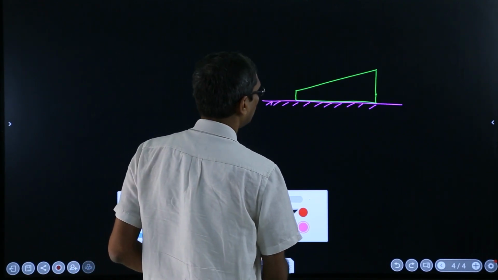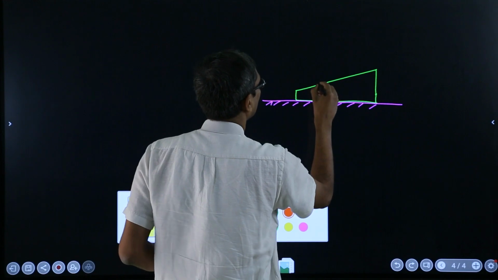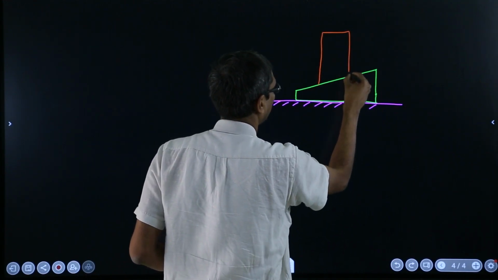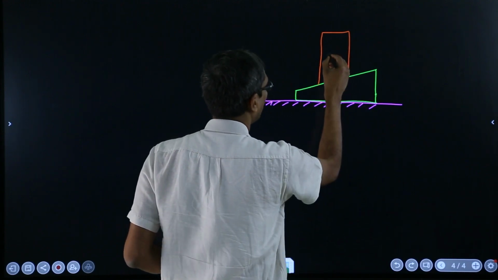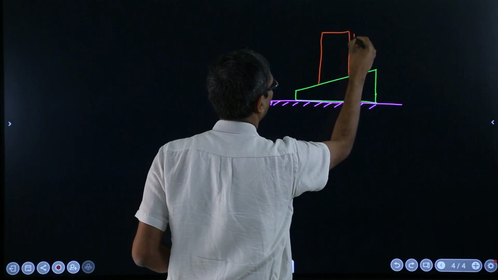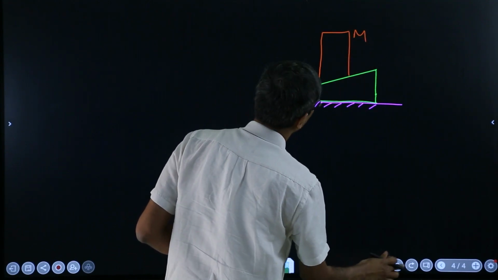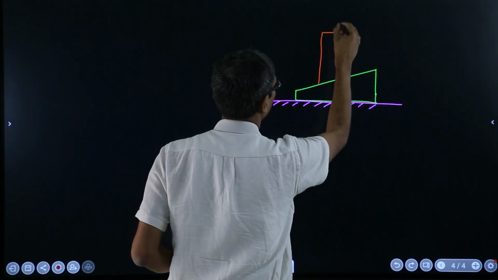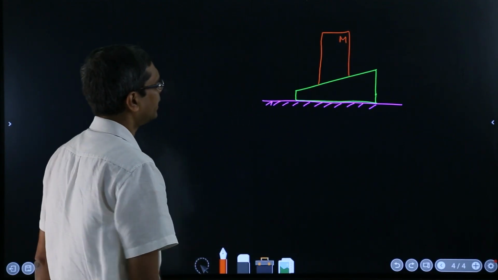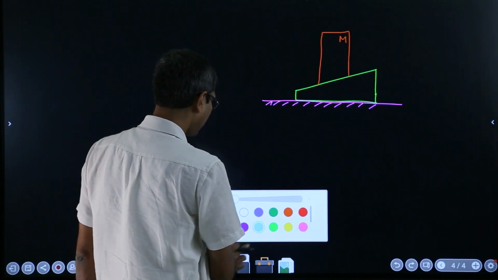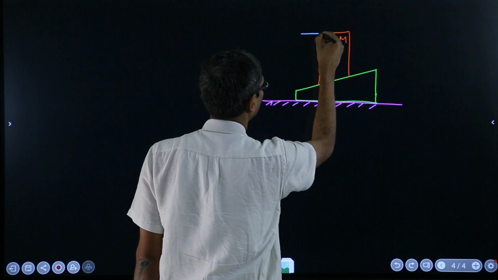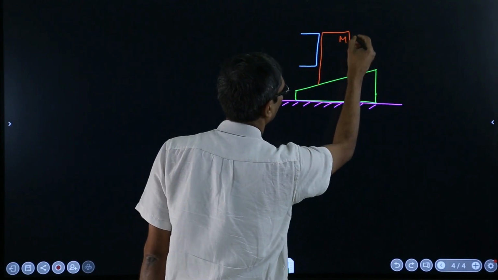And then over that we have, say, a block of mass m. Let me not write it here, because I want to do something. Say mass m. And then we have also got some stoppers so that this mass will not fall off.